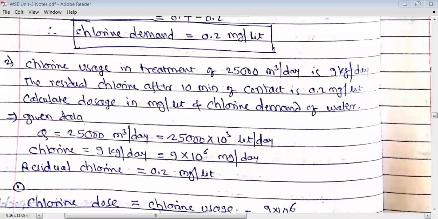Calculate the dosage in mg per liter and the chlorine demand of water.